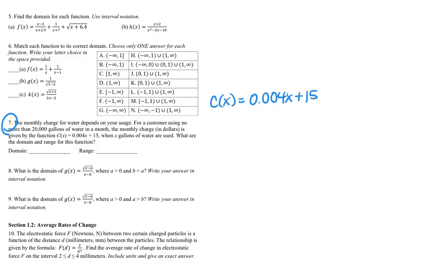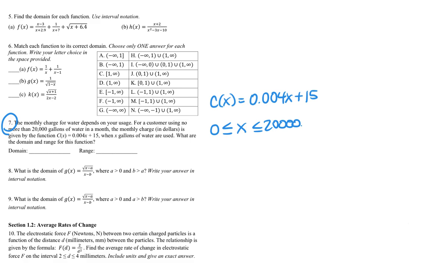So in this context, x is the number of gallons of water that are used. So I know that x cannot be a negative number. And also we know that x is no more than 20,000 gallons per month. So x can be 0, but it also can't be any greater than 20,000 gallons per month.